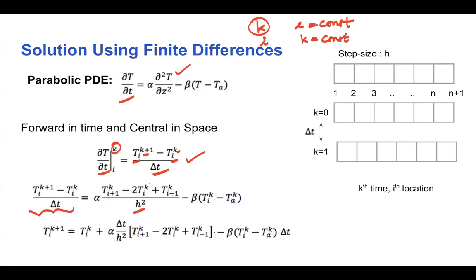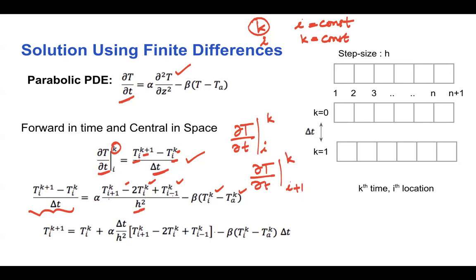Here you can see with respect to position, k will remain as a constant. The same thing you can write as this, which is ∂T/∂t at I, k. The same thing can be written as ∂T/∂t at I plus 1, k. So there are a lot of possibilities.